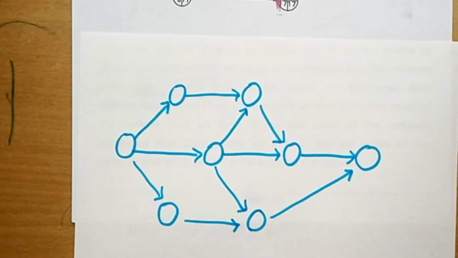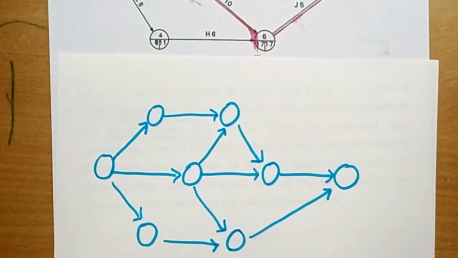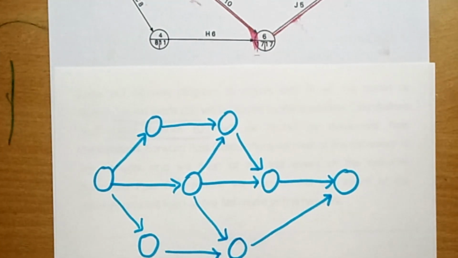Okay, after we have done this much, let us put the node numbers, earliest start, latest finish and activity duration and all that, right?